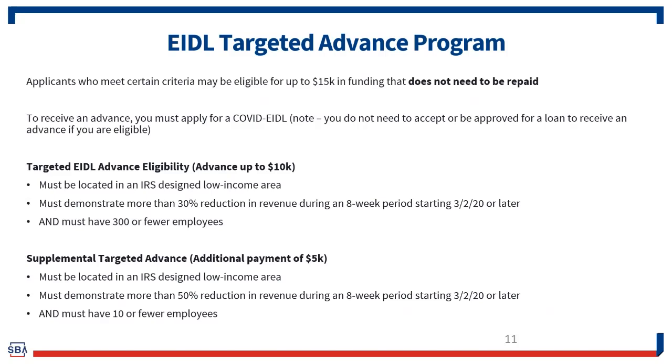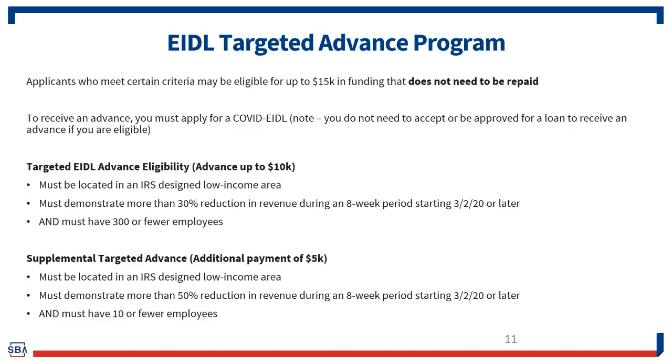You must also be able to demonstrate more than a 30% reduction in your revenue during an 8-week period that started March 2nd, 2020 or later. So you have to have that 30% reduction in revenue, and you must have 300 or fewer employees. So that's to qualify for the advance up to $10,000. If you get that advance, there's also a supplemental targeted advance that might be available to you, which is an additional $5,000 that you don't have to repay.